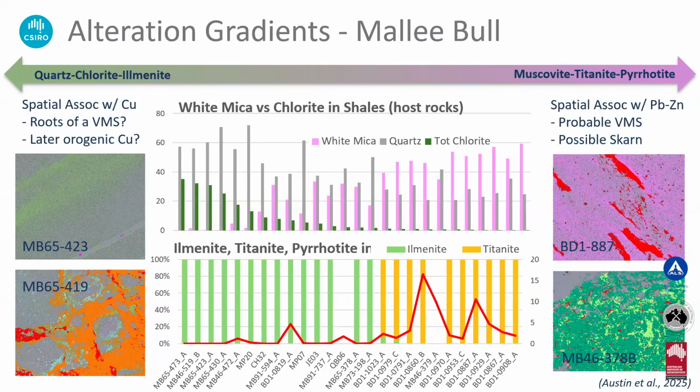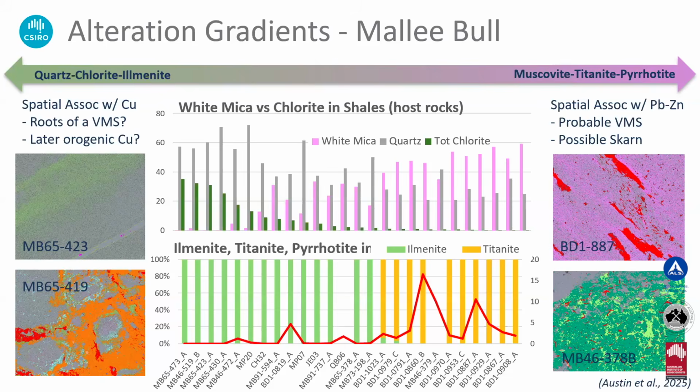You've got chlorite and quartz in the base, grading up into much more muscovite dominant in the top. You're seeing copper breccias and copper stringers in the base of the system, and you're seeing this VHMS style mineralization up in the top, proximal to where you're seeing the pyrrhotite here.